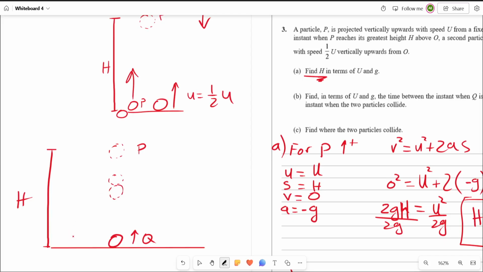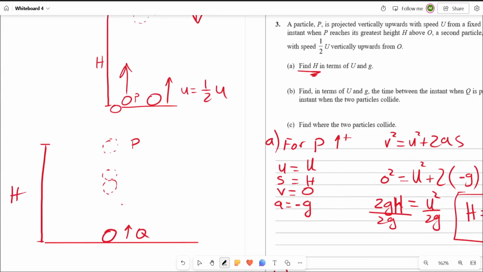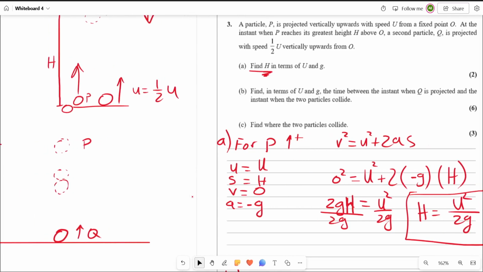This is scenario one. The other scenario is that Q goes up and comes down before P catches it, and they collide somewhere over here. These are the two scenarios, but this is not going to make a difference for us. Let's assume the first scenario is the one that's happening and base our calculations on that.